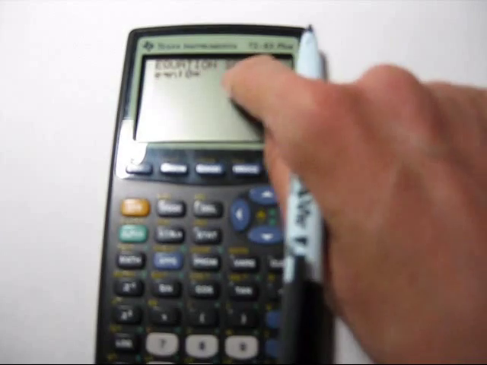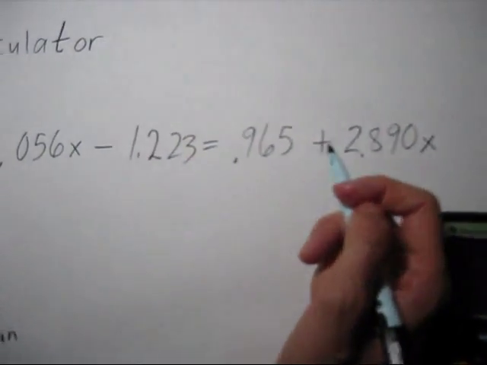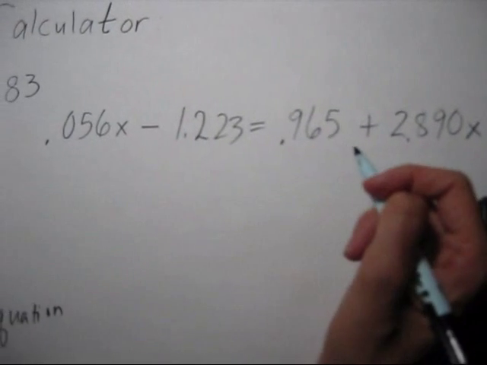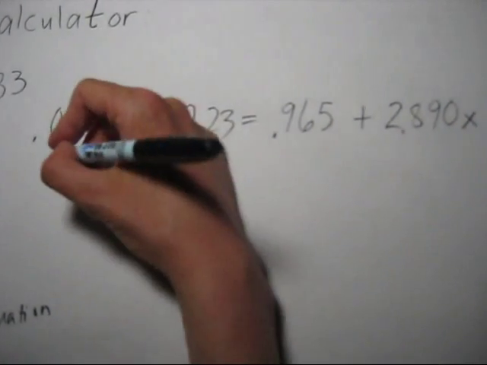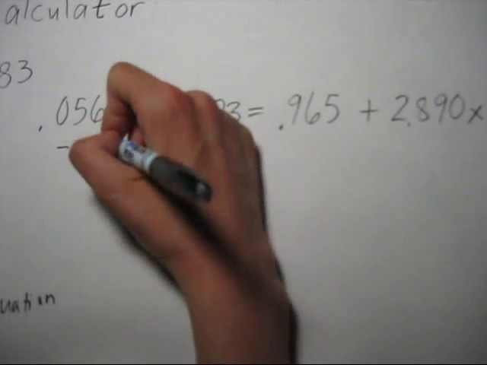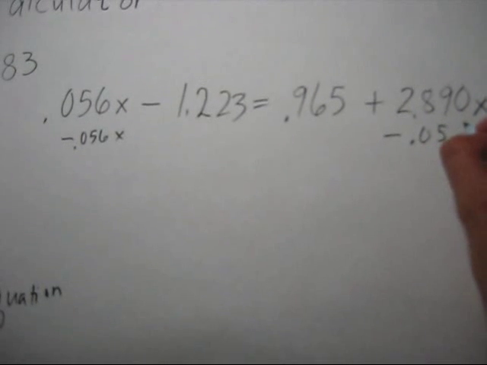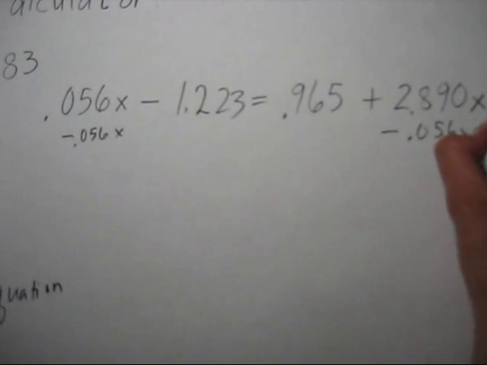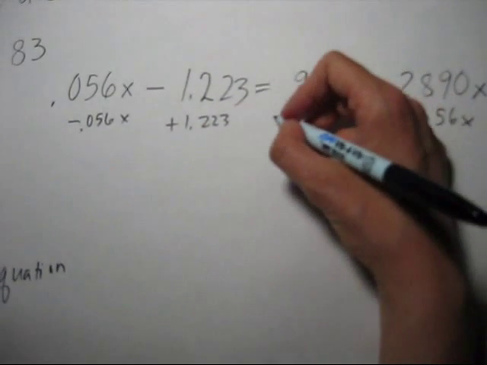So I'm going to clear off my old equation. I need to get one side of my equation to 0. So I just pick a side. I might as well pick the right side. I'm going to subtract 0.056x from both sides, add 1.223 to both sides.